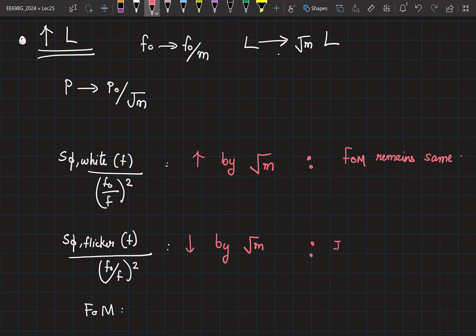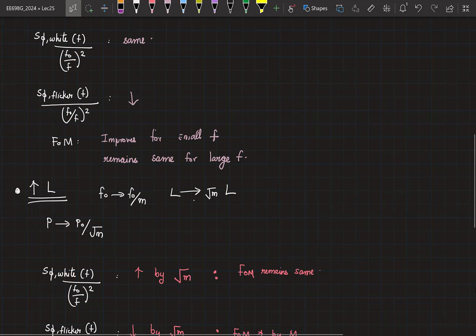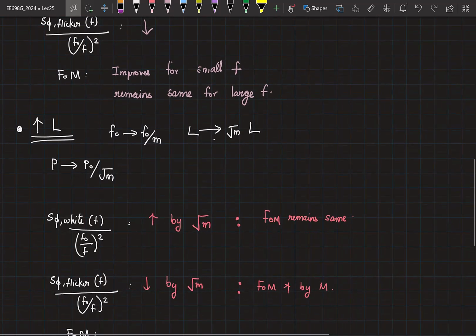This increases by? So how do you think this method compares to the previous method? That was reversed. So remaining same for the larger and increasing for the smaller. Here it is reversed. Is it?